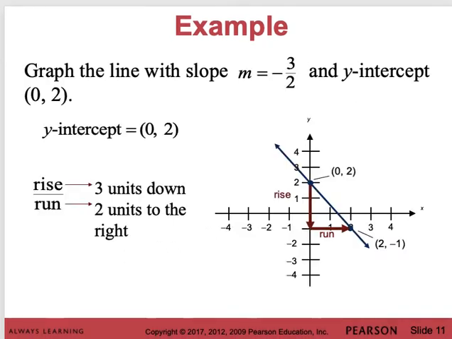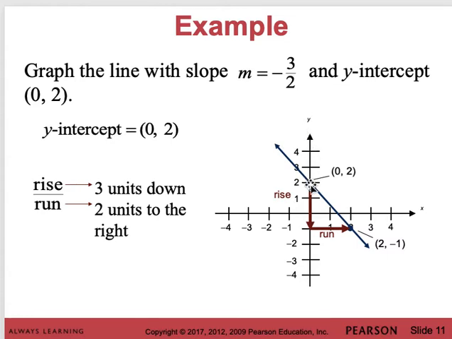Graph the equation, graph a line with the slope and y-intercept. So all we need to do is find the point first. Graph your point, 0, not going left or right, 2, positive 2, up 2, make my point. Now my slope is negative 3 over 2, so this means I'm going, remember the first one is rise over run, so am I going up or down?